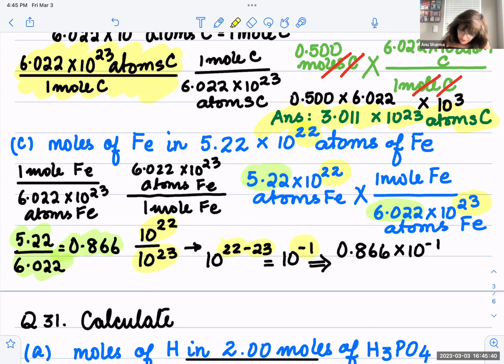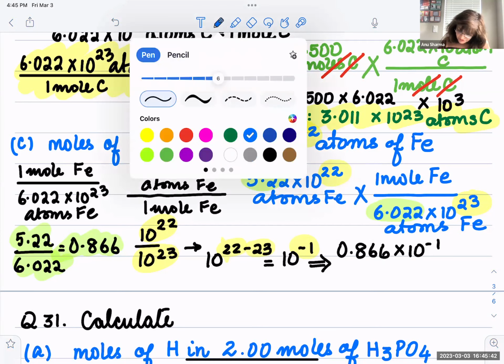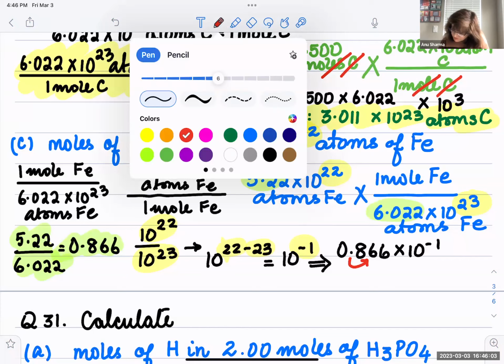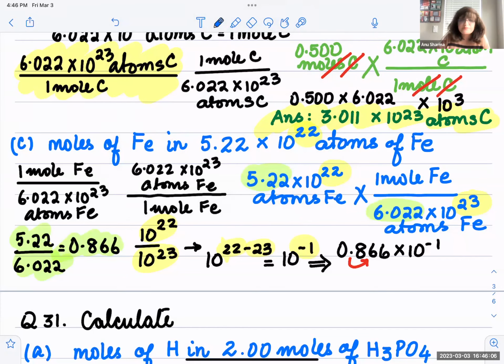So now you are going to take this and move it to scientific notation. You can move it and put it like this. Then this becomes 8.6. But the given answer is not in scientific notation.